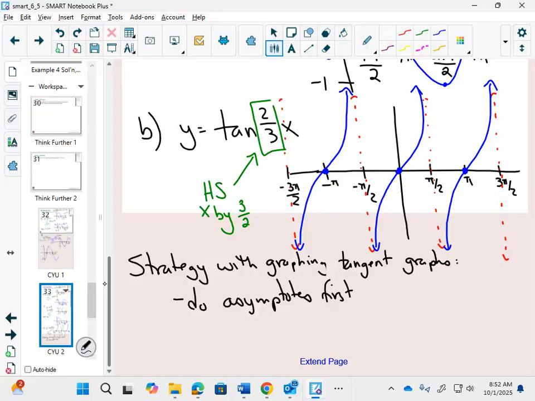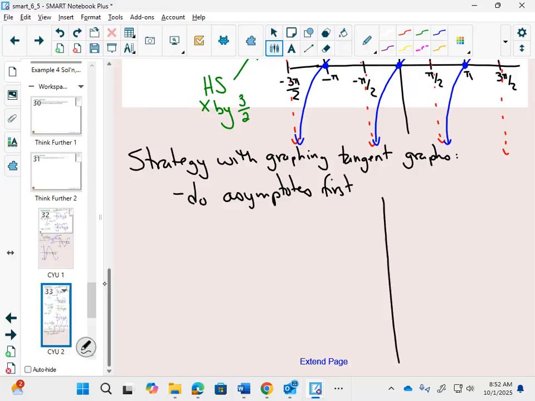So if I start with my asymptotes, on my new one, I'm going to multiply all my x values by 3 over 2. What's going to happen when I multiply pi over 2 times 3 over 2?